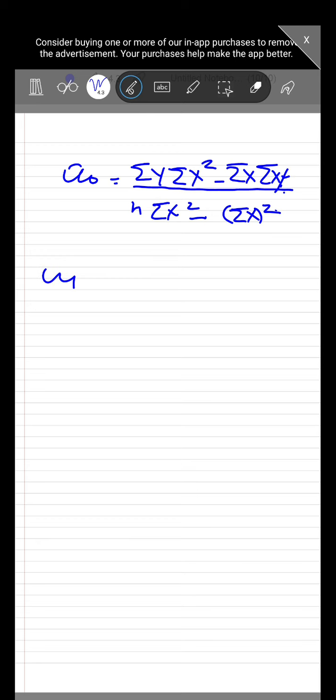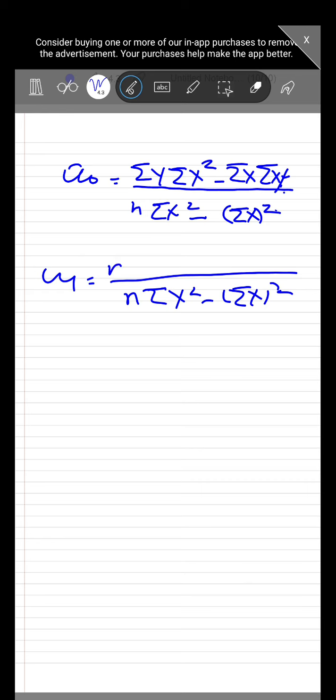And a1 will be equal to, the denominator will remain the same, summation x squared minus summation x whole square, divided by n into summation xy minus summation x into summation y.